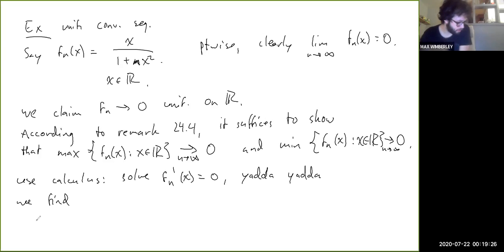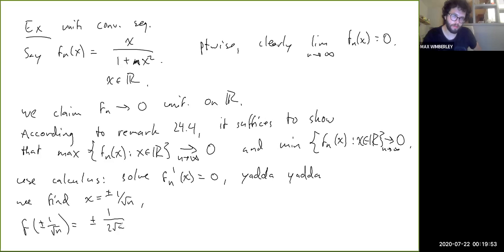I'm not going to go through it all, but we find that x is plus or minus 1 over square root of n, and f_n of plus or minus 1 over square root of n equals plus or minus 1 over 2 square root of n, where the signs correspond.